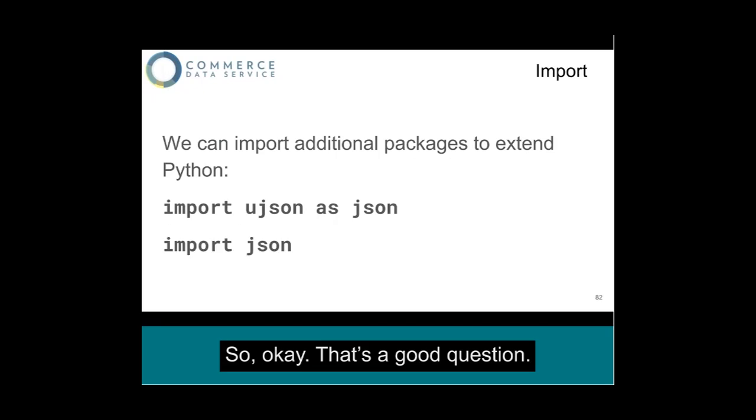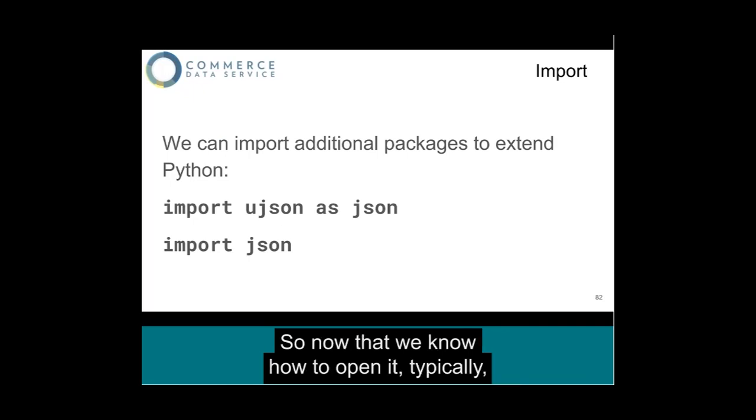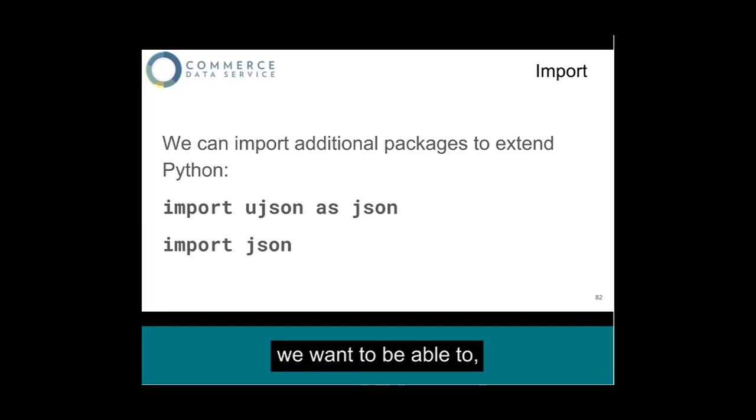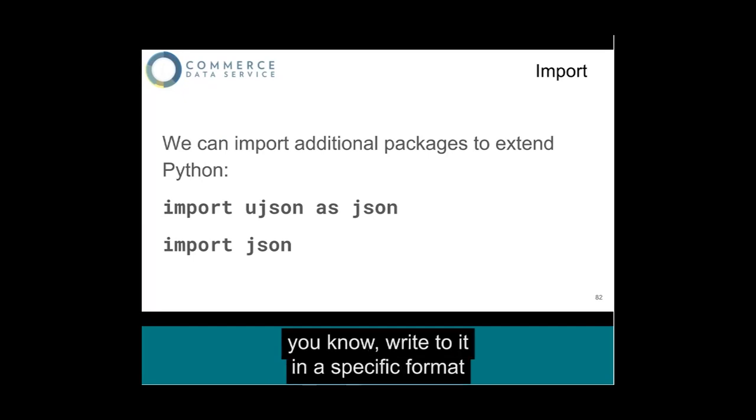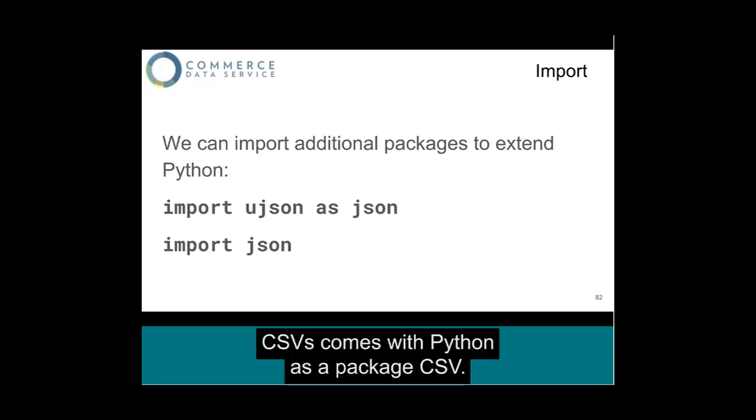So, okay, that's a good question. It segues into how we import packages into Python. Now that we know how to open a file, typically we want to be able to either write to it in a specific format or read it, like parse it, in a specific format. CSVs come with Python, the package csv.